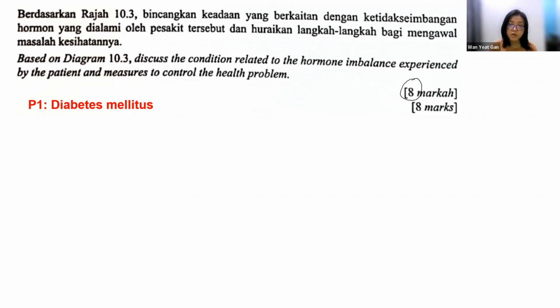From the question, we know he's suffering from diabetes mellitus. Now, you cannot just write diabetes because there's another type called diabetes insipidus. So you won't get marks if you don't mention the word mellitus. The word mellitus is very important.